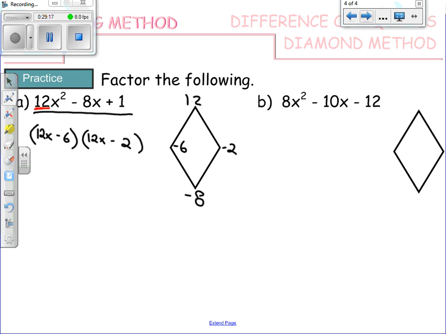And 6 would divide into this one, and 2 would divide into that one. So divide this one by 6, divide this one by 2. Which means wherever you see them line up, also divide by 6 and 2. So this one's going to be divisible by 6. This one's going to be divisible by 2.